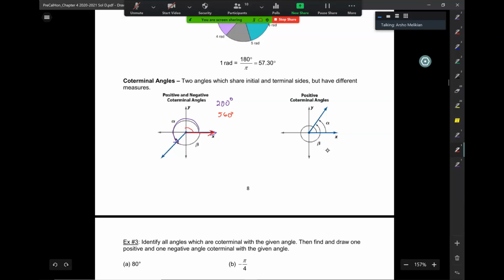I need to go all around, that's 360, and then 200 more. I ended in the same exact spot. 200 degrees and 560 degrees seem extremely different, but their terminal sides lie on top of each other. When this happens, we call them coterminal angles.